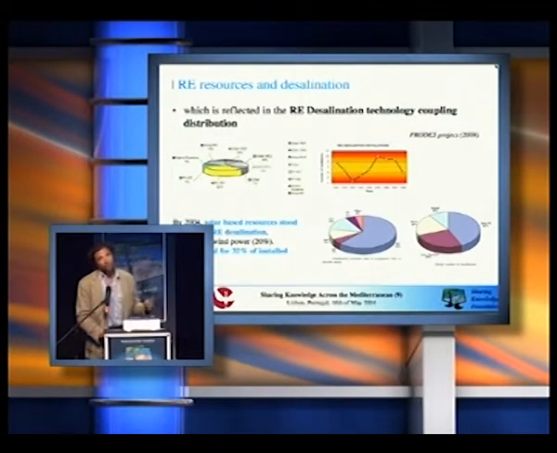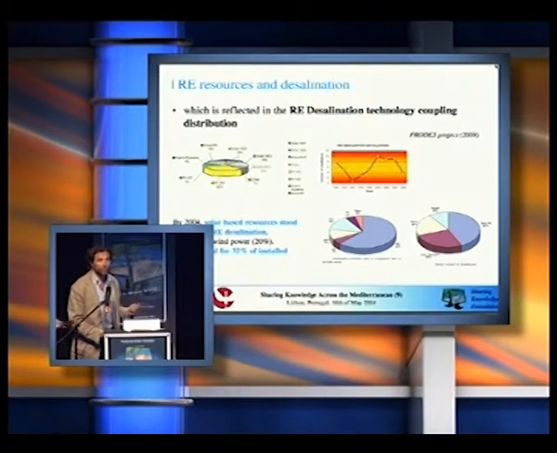So this situation is clearly reflected in the statistics for renewable energy-driven systems. And we can see in these statistics, which are not very recent, these are numbers from 2004, but still they show us this trend.